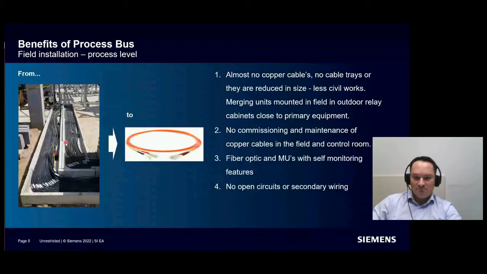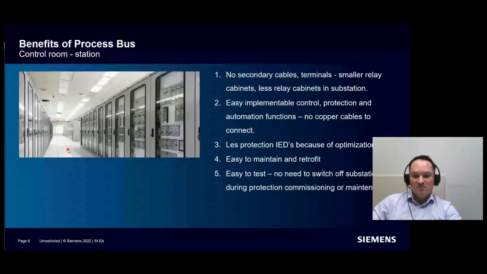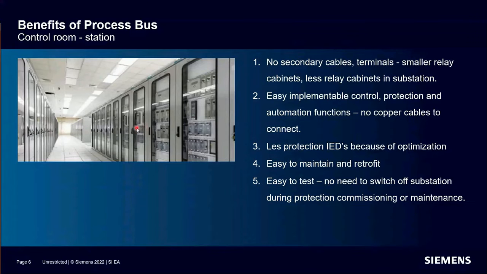Now, if we take a look in the control room, what are the benefits of using process bus? In the control room, we will have fewer relay cabinets than before, because multiple protection and automation functions can now be executed using fewer relays. Also, there are no terminals and copper cables in relay cabinets like before.